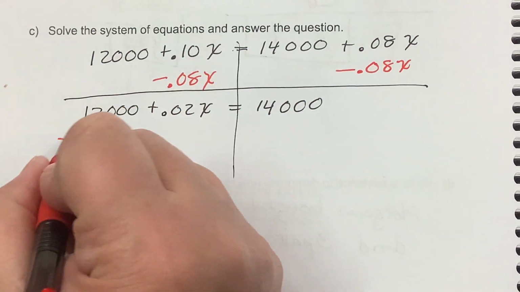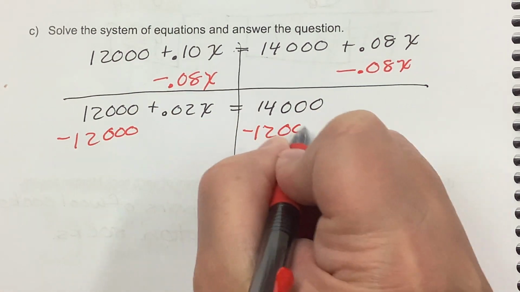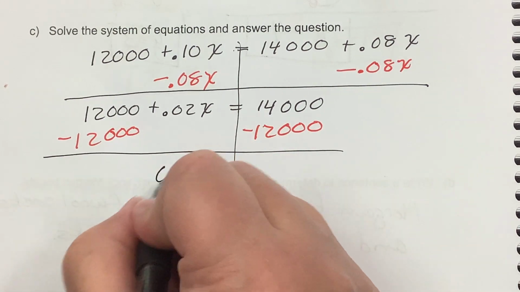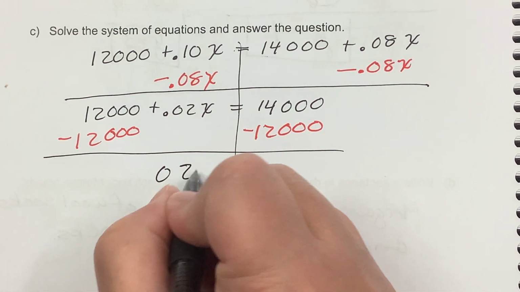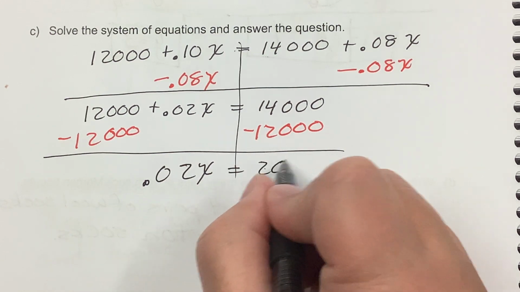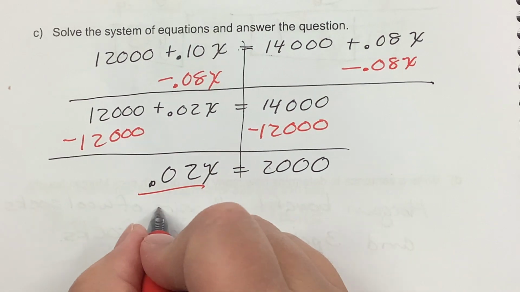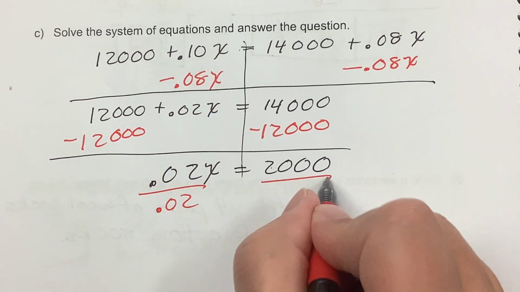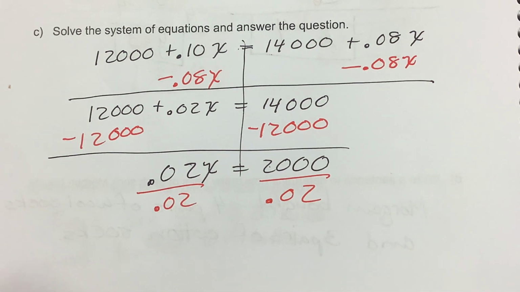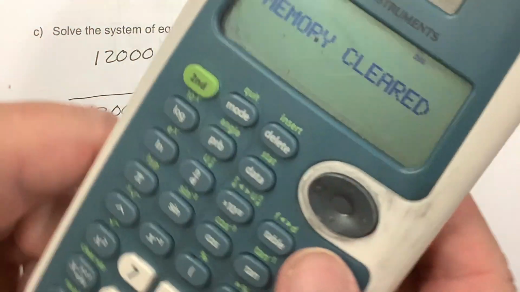So let's finish this off. Let's subtract 12,000 from both sides. And I get 0.02x equals 2,000. And I divide both sides by 0.02. How much money am I going to have? I don't know. I do know, but I'm going to do it on the calculator anyhow.